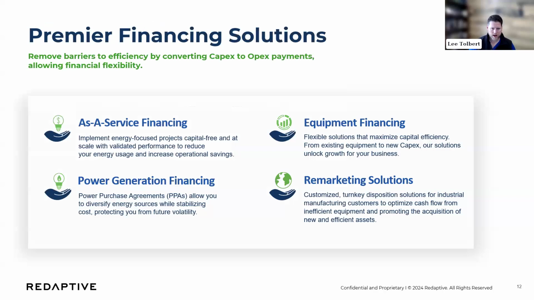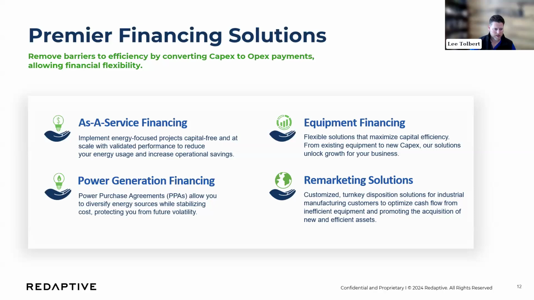And lastly, on the financing solutions, again, we covered some of these, but as a service financing is Redaptive enabling our projects at scale for energy as a service. And that is typically done at a cost of capital that is less than what our customers often have for a weighted average cost of capital.